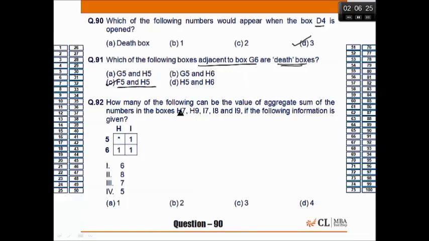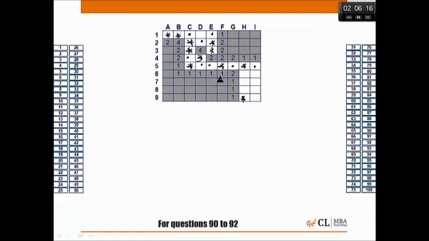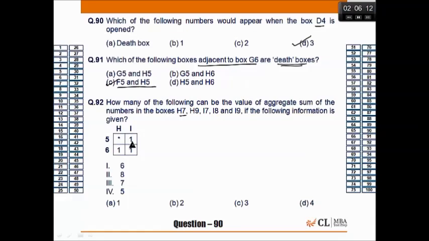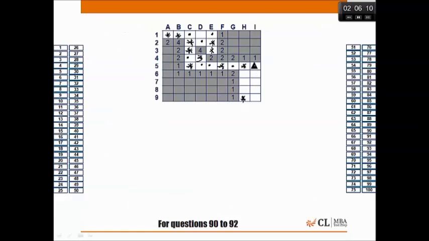How many of the following can be the value of the aggregate sum of the numbers? Okay, let's first fill this up. H5 is star, which was already given. And this is 1, I5, I6. This is I5, 1, 1 and 1. If this has a 1, this got a 1.